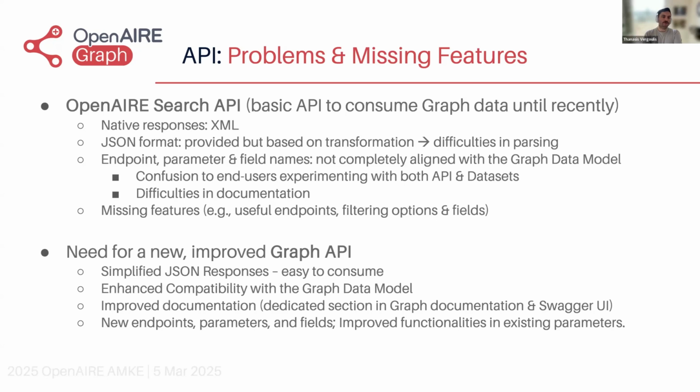And of course, although this search API was providing various endpoints and was supporting different parameters and field names, those were not always completely aligned with the terminology and the nomenclature of the graph data model, something that was creating confusion to our end users, especially those that were experimenting both with the APIs but also with the datasets.